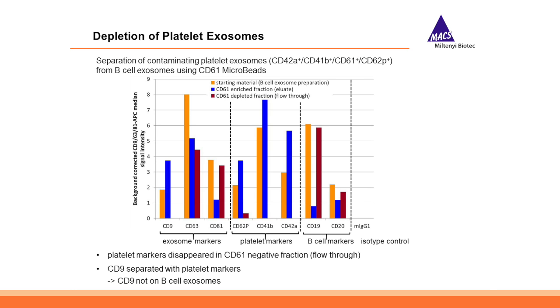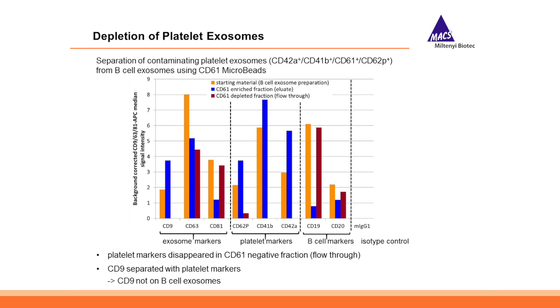And this is how the original B-cell exosome preparation looks like. So we get signals for all exosome markers, we get signals for the platelet markers, and we got signals for the B-cell markers. If we now take the CD61 enriched fraction, so the eluate of the beads, you can see that all the platelet markers show up, and we could clearly decrease the B-cell markers.